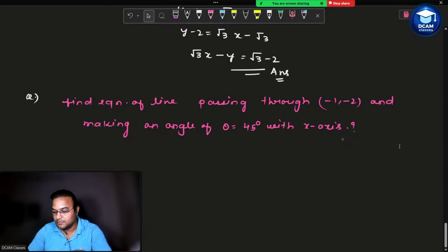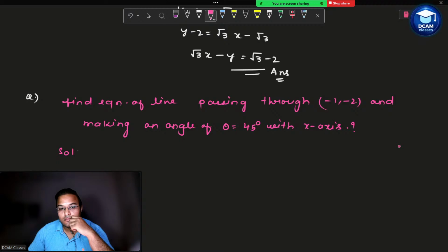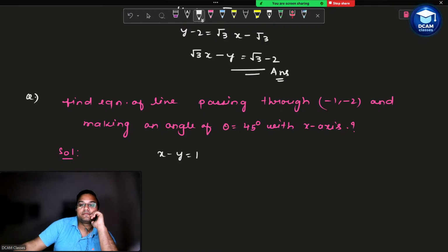Sir, is the equation x minus 1 equals 1? X minus y is equal to 1. Acha, x minus y is equal to 1. What about you, Venkatesh? Are you getting the same answer? Yeah, sir. Wait, acha, tan 45.